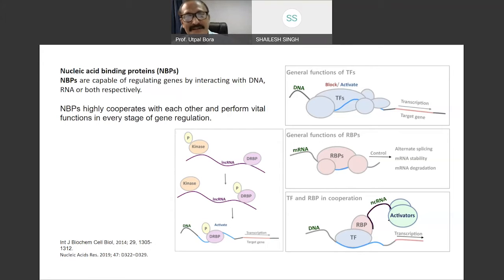Now, apart from these, the nucleic acid binding proteins may act in another mode. So for this fourth case, you can see there's a long non-coding RNA which binds to a DNA and RNA binding protein on the one side, and a kinase on the other side.